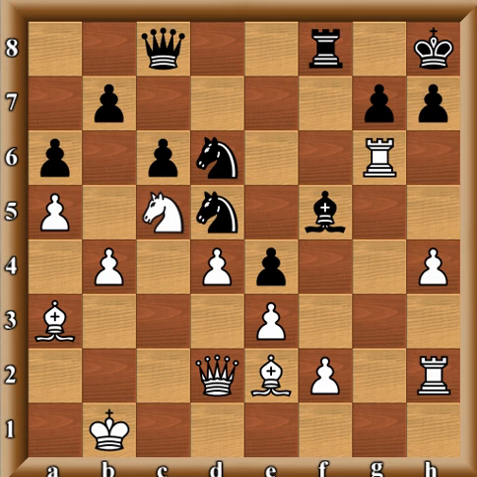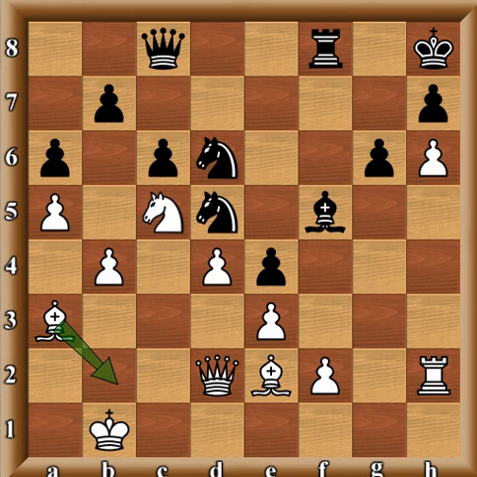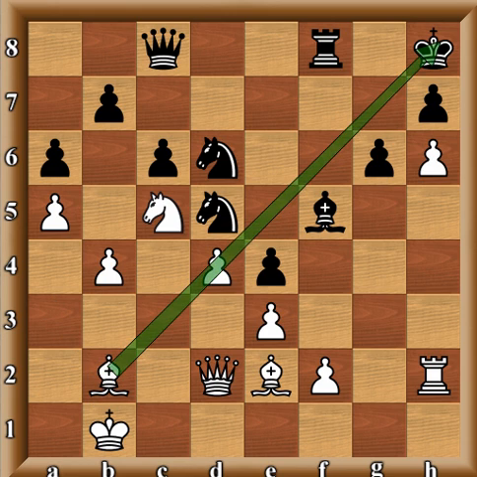Again, we were talking about why didn't he just take with the bishop and allow this. Now of course after this bishop comes here, for example, lining up with the pawn here on h7, Anand doesn't have that option.